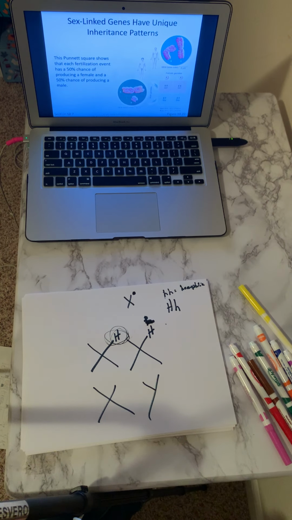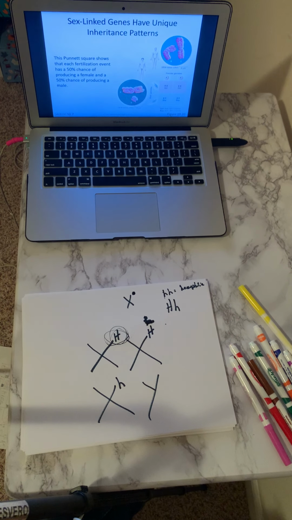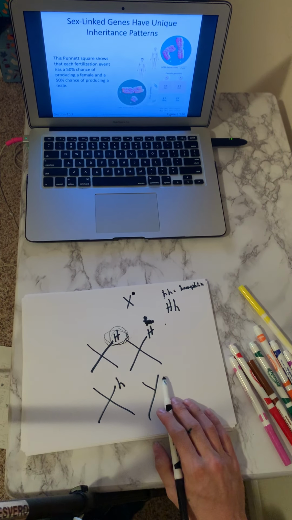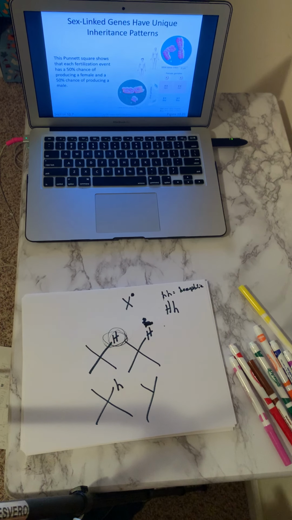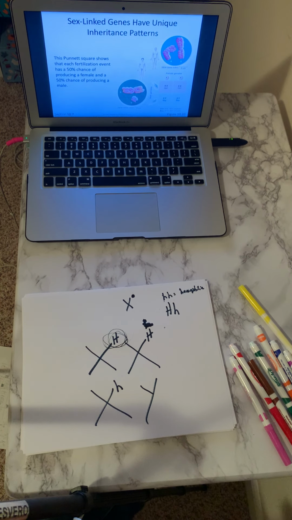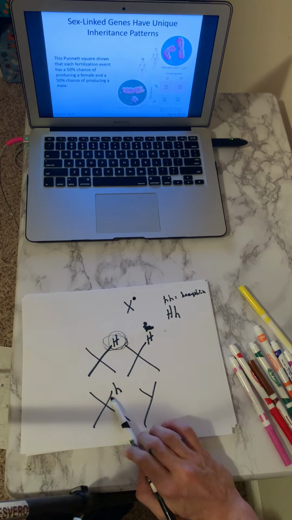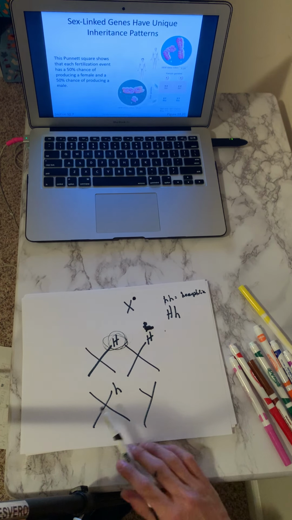Well, if you're a male and you end up with 1 of those defective copies, that's all you got. You have no other H over here on your Y chromosome. There is no other gene at all to counteract that h. So males are significantly more likely to get diseases like hemophilia from the process that I'm about to show you due to the fact that they only have 1 X chromosome.